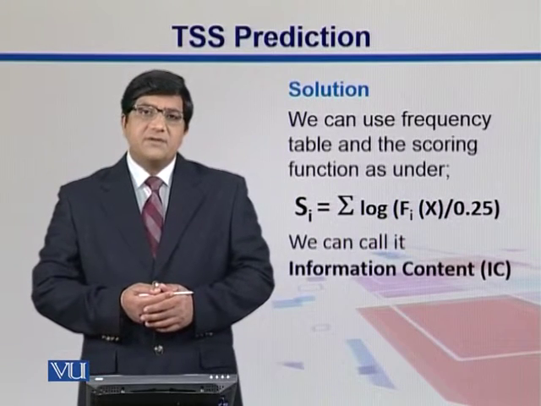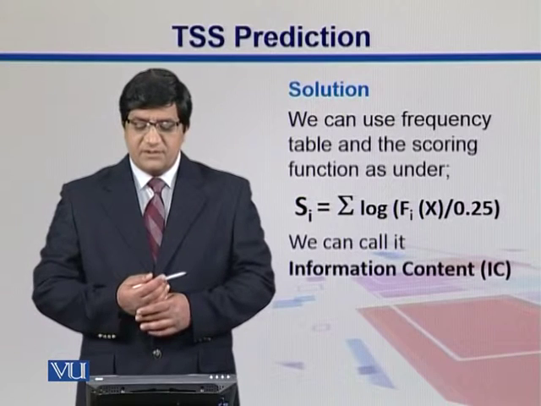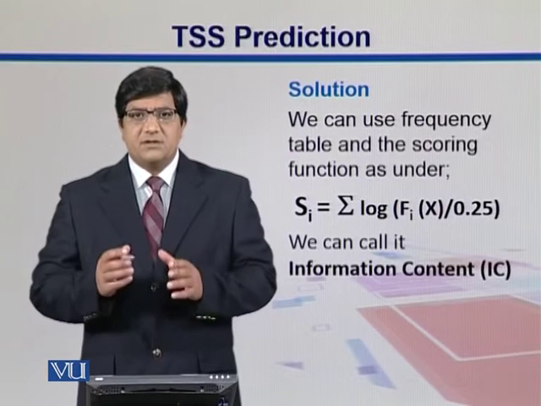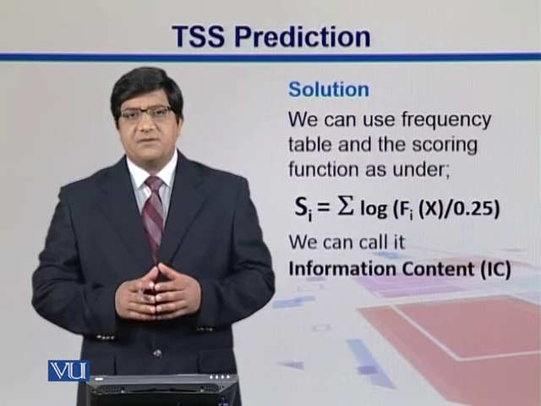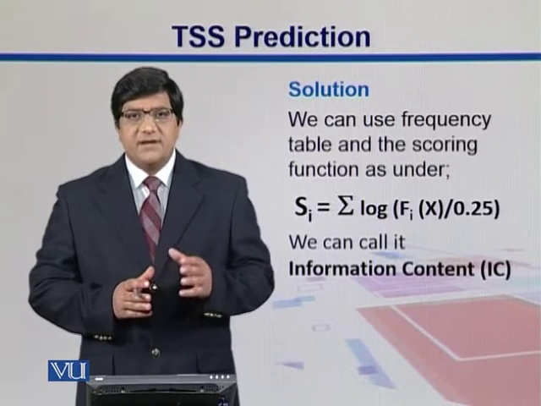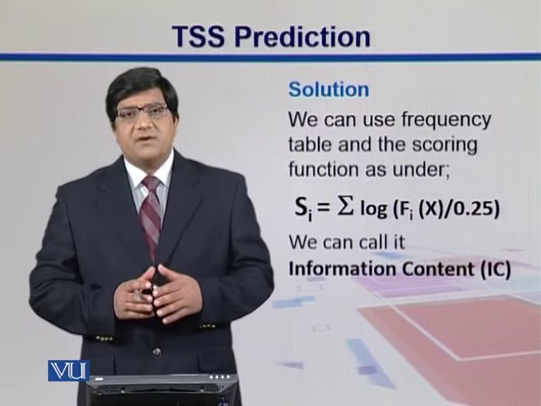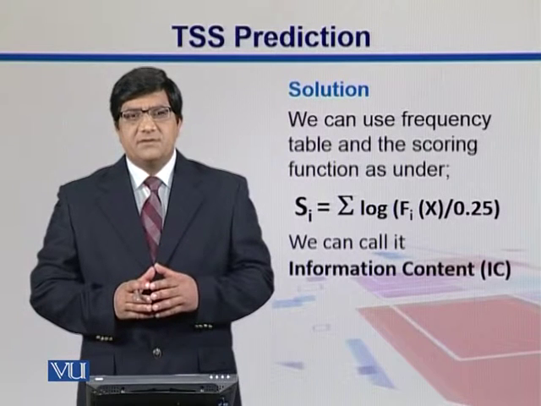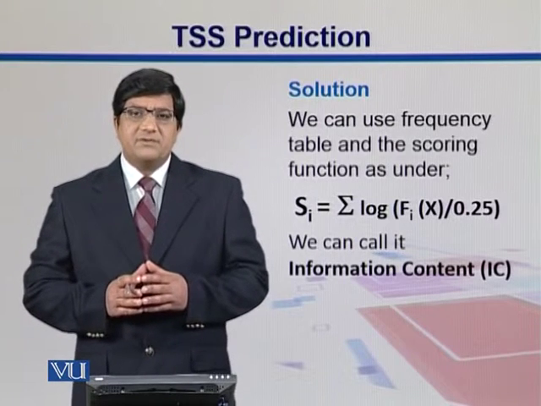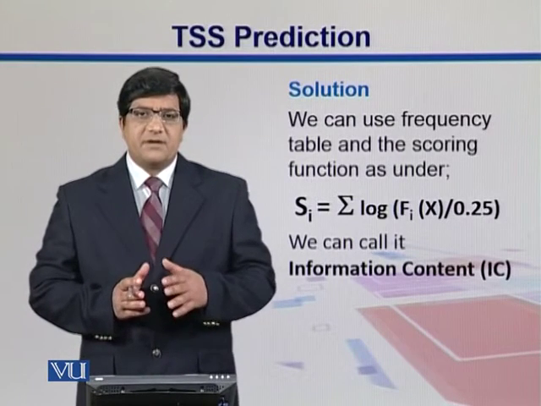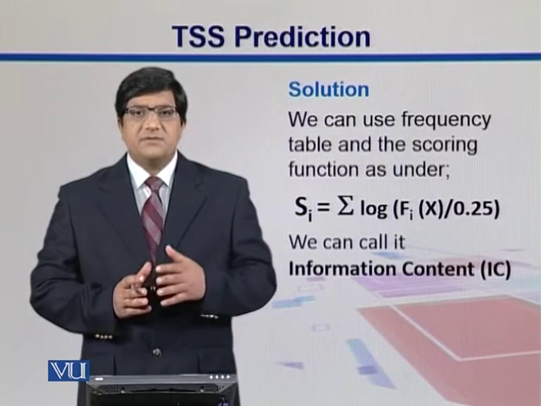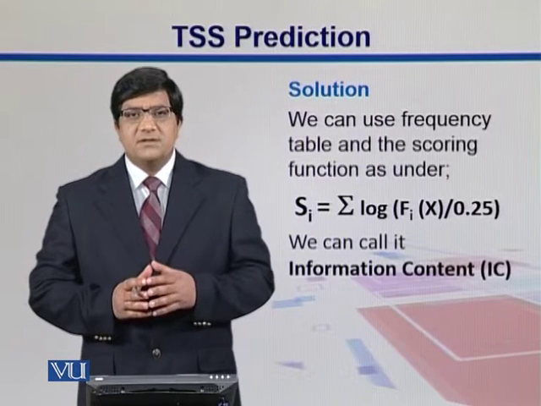We can use the frequency table as a scoring function. The frequency table gives us the frequencies of those nucleotides around the site, which was calculated from some training data. We have seen that in the previous slides. We can get that frequency, and then divide it by the expected frequency, that is 0.25, since there are 4 nucleotides. The frequency from the frequency table divided by the expected frequency gives us an estimate of which neighbor is a strong neighbor and which is a poor neighbor.